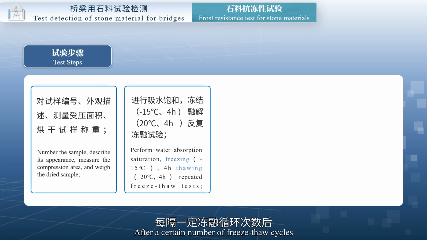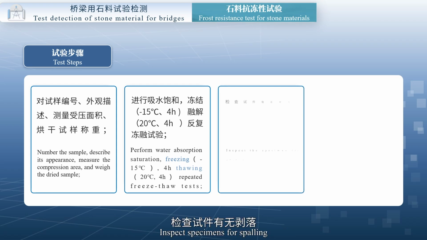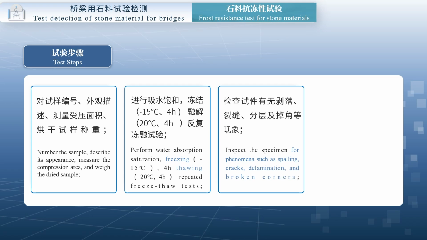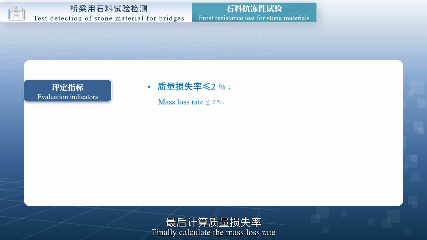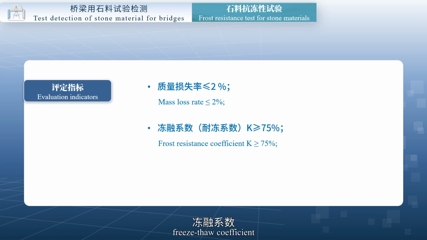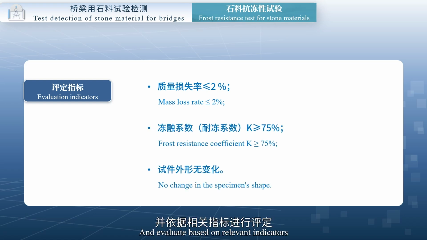After a certain number of freeze-thaw cycles, inspect specimens for spalling, cracks, stratification, and corner spalling. Weigh after freeze-thaw cycles. Oven dry and weigh. Measure water saturated compressive strength. Finally calculate the mass loss rate, water absorption rate after freeze-thaw, and freeze-thaw coefficient, and evaluate based on relevant indicators.